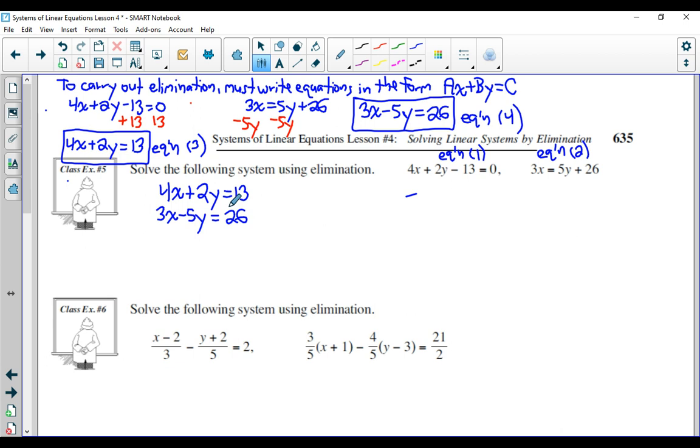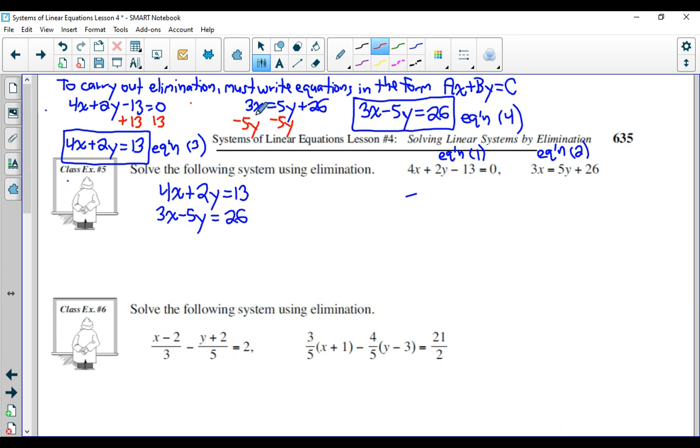So then I would identify, can I multiply one of the equations by a number so we can get the same coefficients? No, because there's no way to multiply a whole number by 3 to get a 4, and there's no way to multiply a 2 by a whole number to get a 5. So we have to use the little LCM trick to do this. Let's eliminate y.